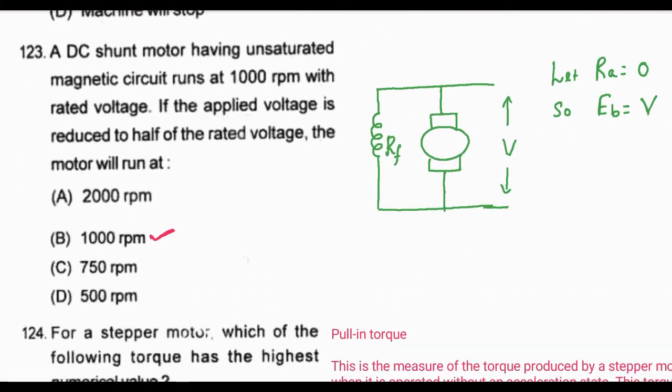Next question is, a DC shunt motor having an unsaturated magnetic circuit runs at 1000 rpm with rated voltage. If the applied voltage is reduced to half of rated voltage, the motor will run at?